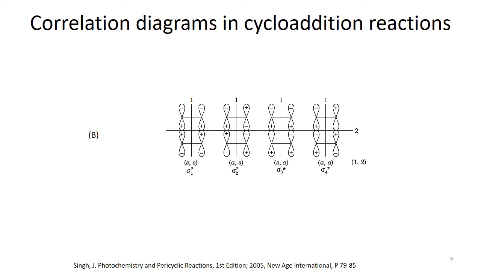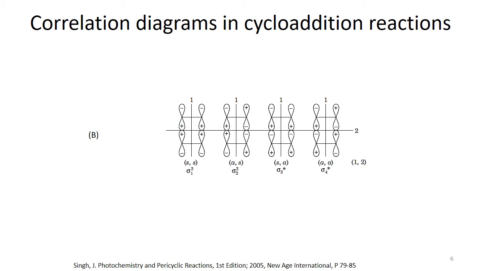So why is this placed at the third level, not the second level? Because in this orbital interaction, suprafacial interaction makes one node, and antarafacial interaction makes another node. So its energy should be higher than psi2 square, because in psi2 square there is one node present.